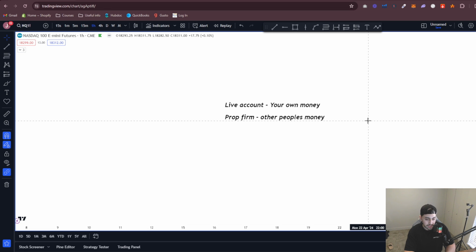For example, on a futures firm, they give you one test. For example, on a 150K account on topstep.com, they will want you to make $9,000. You make the $9,000, they will fund you, give you an actual funded account where you can make money, and they give you your first 10K 100% if you can pass that first test of making $9,000 on a 150K account. The cost of that account to take that challenge is $150.